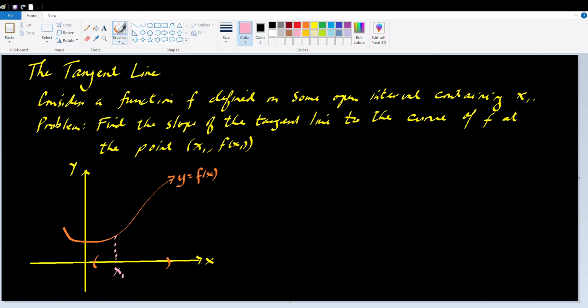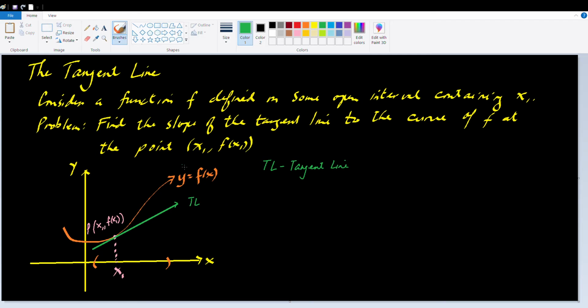So here's the point x sub 1, f of x sub 1, and let us call it point P. So we draw the tangent line through P. TL is our tangent line, and we want to find its slope.